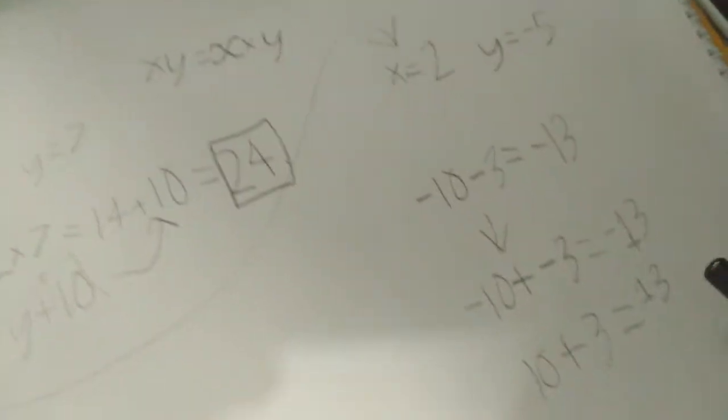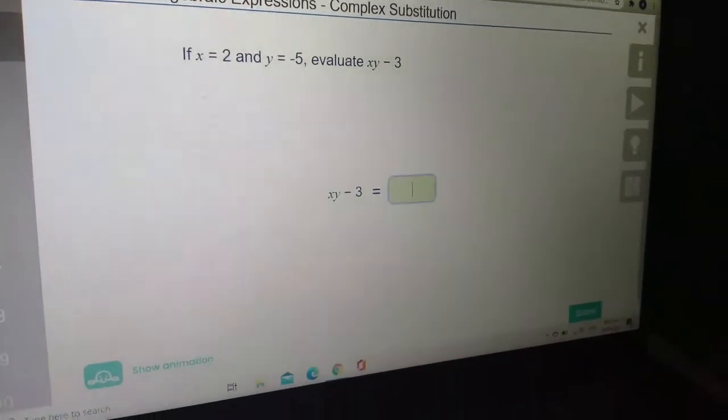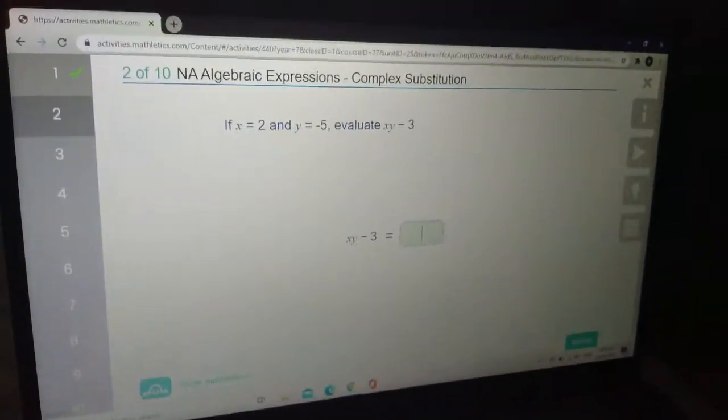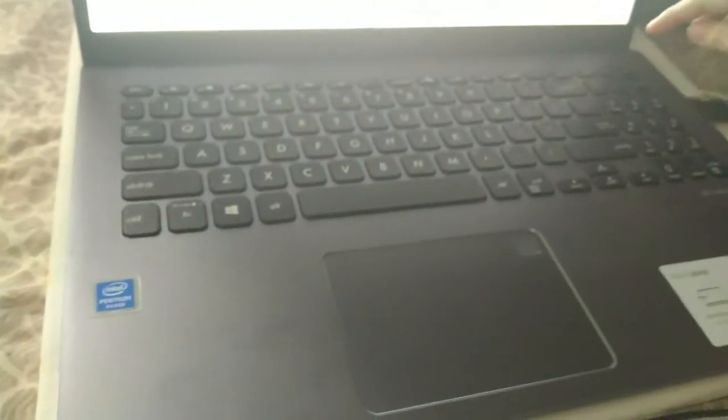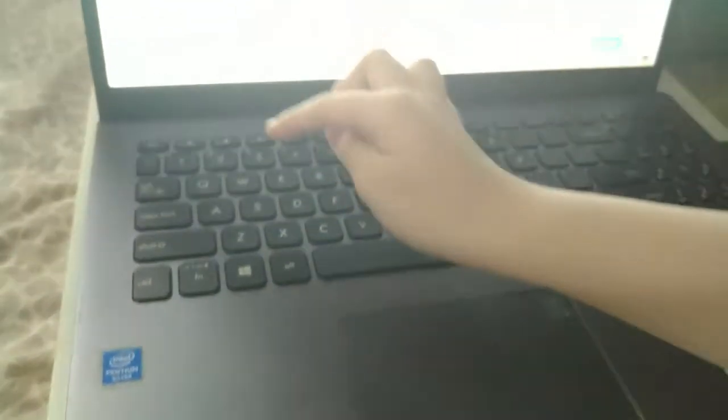Okay, what is your answer? The answer is negative 13. You can see on both sides it's negative 13. My final answer. I just copied the negative 3 from here, or just minus 3. Here we see that the negative 13 is here. Negative 13.